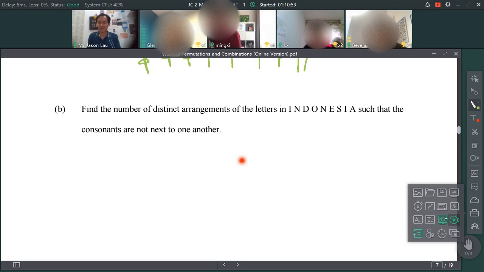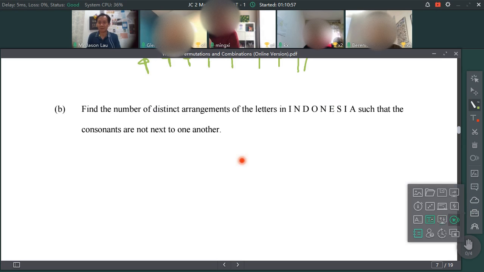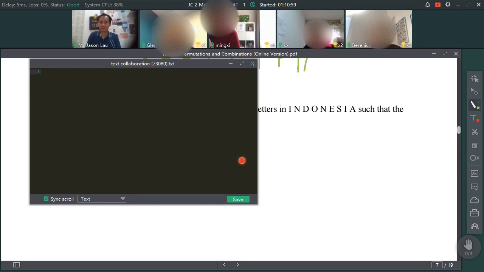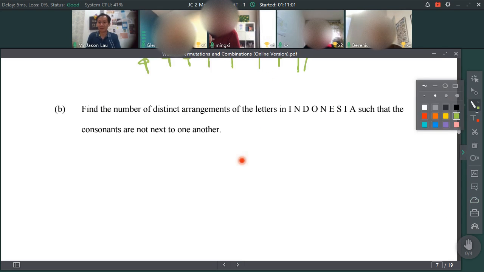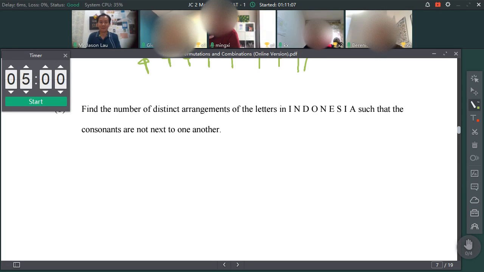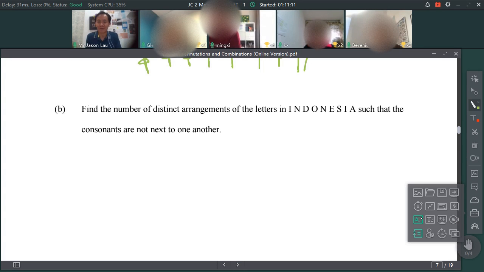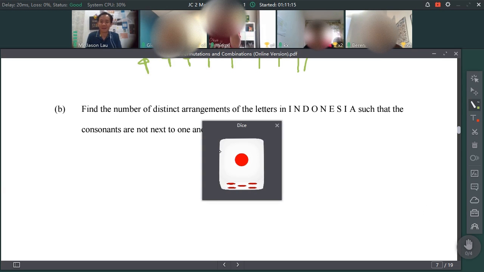Yeah, there's a red dot on the screen. Oh, then now? Still, yeah. Oh, there's a different text collaboration. I want to erase off the red dot. Okay, wait. Oh no. Okay, never mind. I can't. Okay.